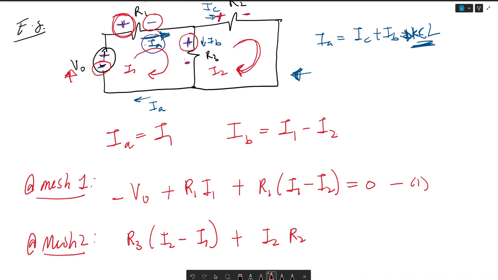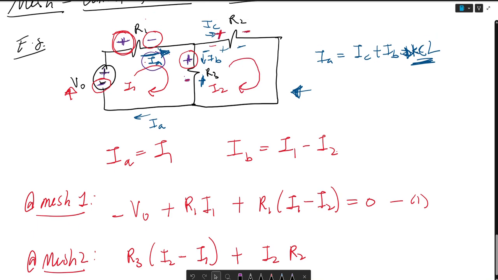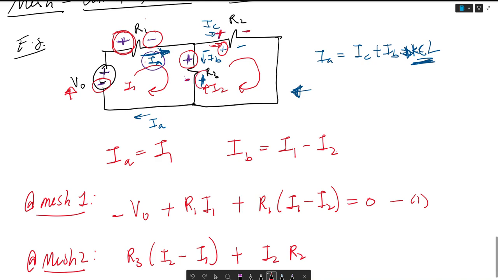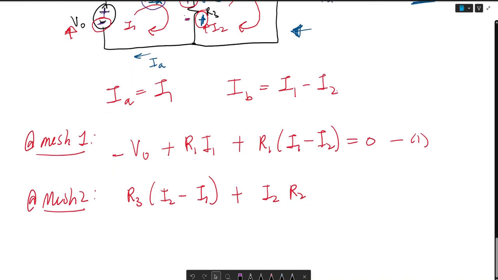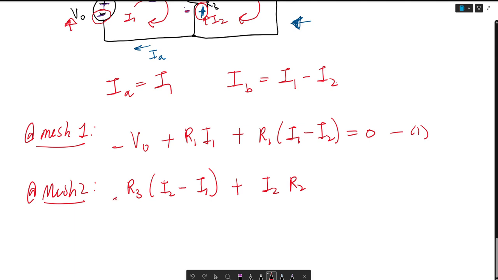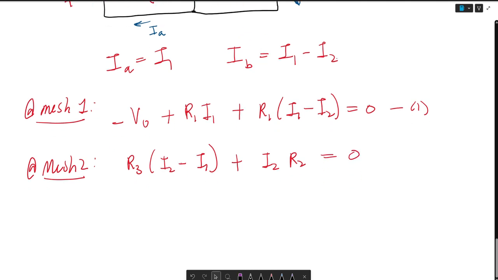Now again, remember the current direction: for I2 it looks like this, and for I3 it looks like that. So it's going into R2 here through the plus, and it's going into R3 here through the plus. So that's why this is plus, and this is plus, and this is plus. And this is equals to 0.